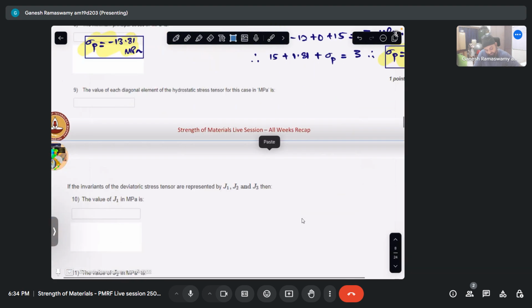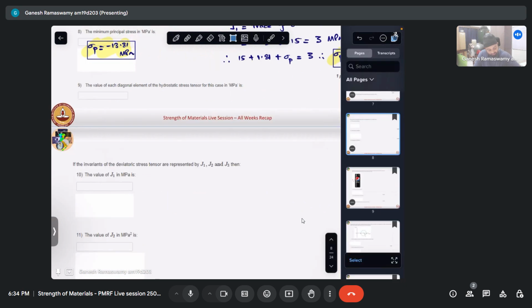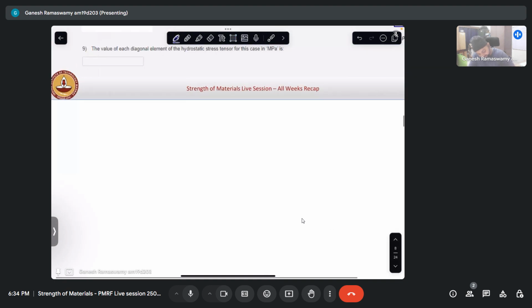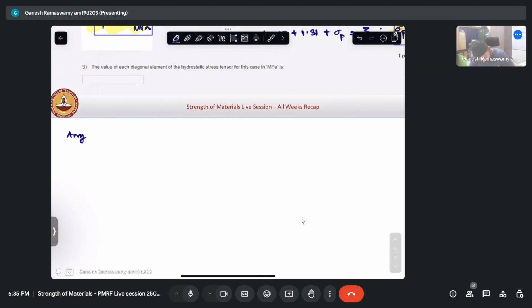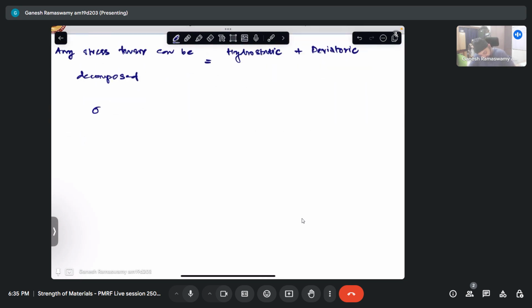The value of each of the diagonal elements of the hydrostatic stress tensor is what in this case? So let us recap what a hydrostatic stress tensor is. Any stress tensor can be decomposed as hydrostatic plus deviatoric.